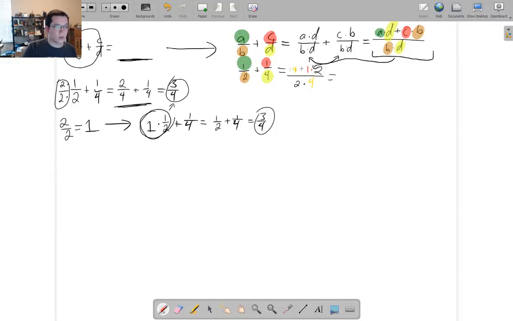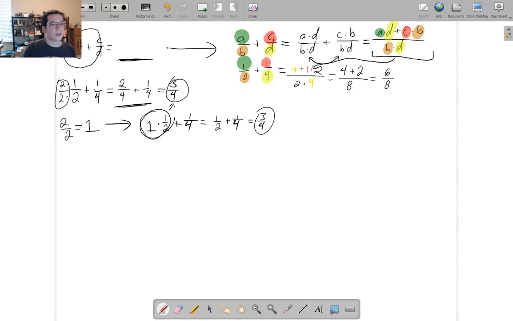Which is going to give us 1 times 4 is 4, plus 1 times 2 is 2, over 2 times 4 is 8, which gives us 6 divided by 8.